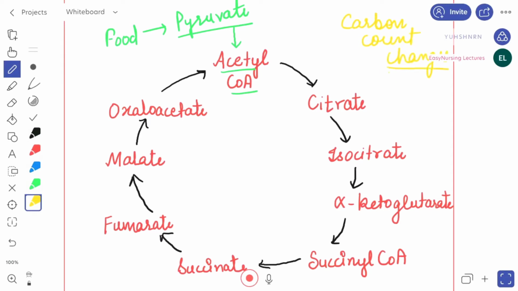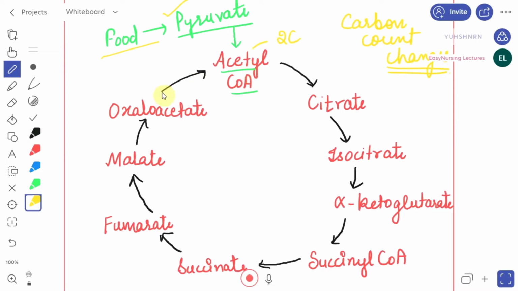How will you remember the total carbon count changes? Once we eat food, the energy is stored as pyruvate, and then it forms acetyl CoA in order to start the Krebs cycle. So always remember, you have to cram one thing: acetyl CoA is a 2 carbon product.